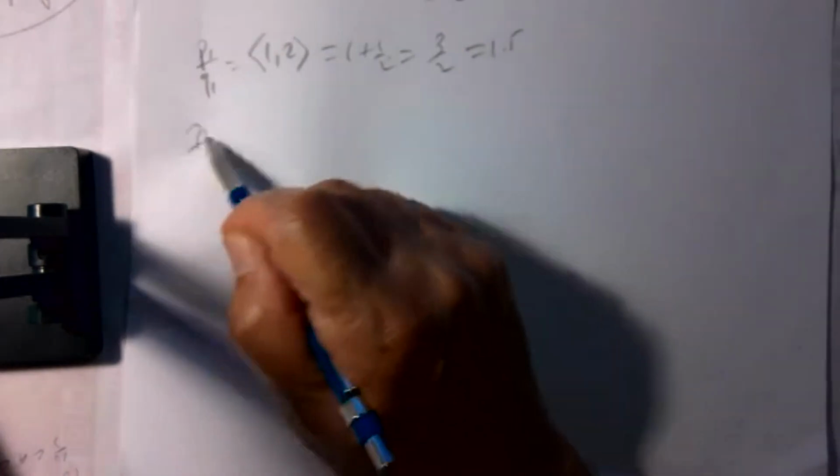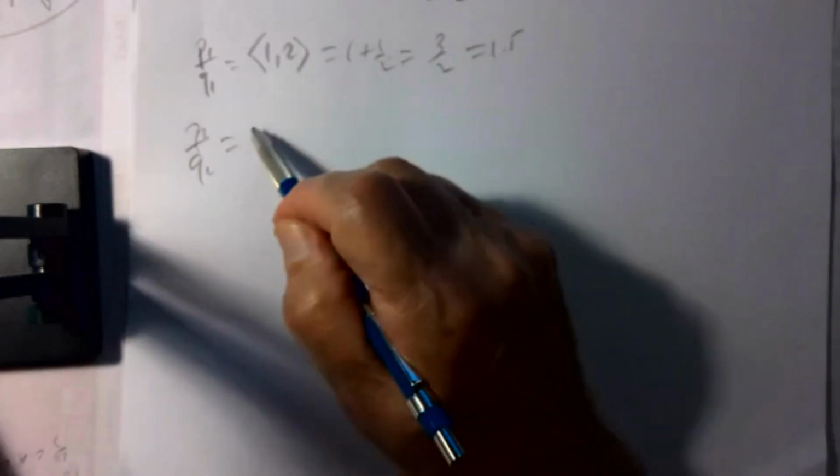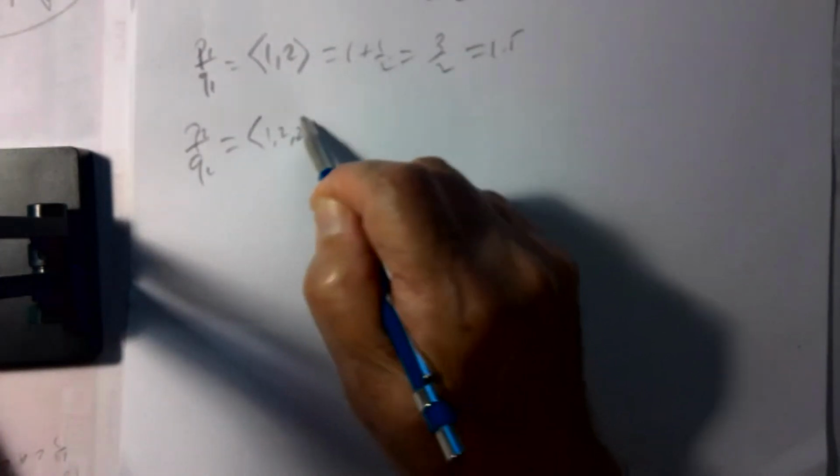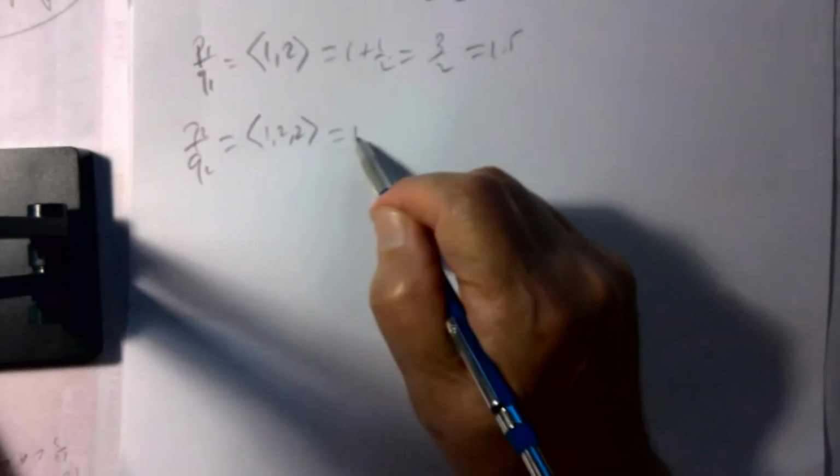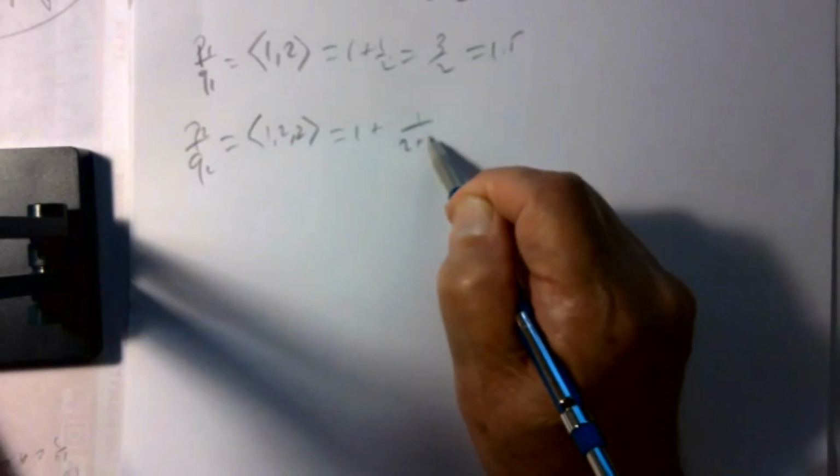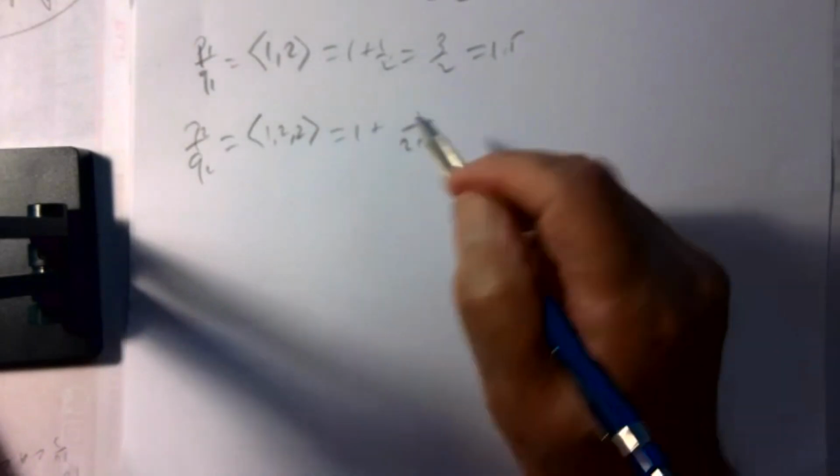What is P2 over Q2? Can you calculate that? That's this continued fraction, 1 plus 1 over 2 plus 1 over 2. So what does that equal to? 5 over 2. Okay, hold on one second, I'll look in the calculator.